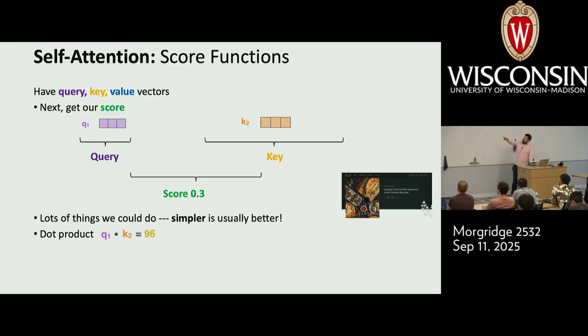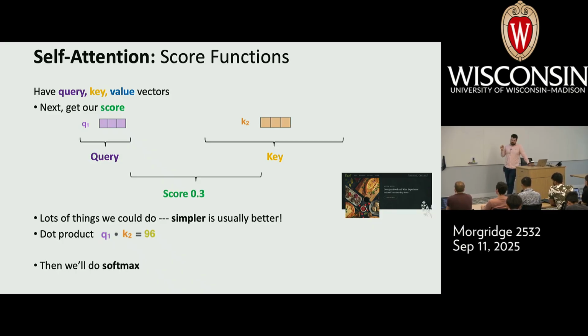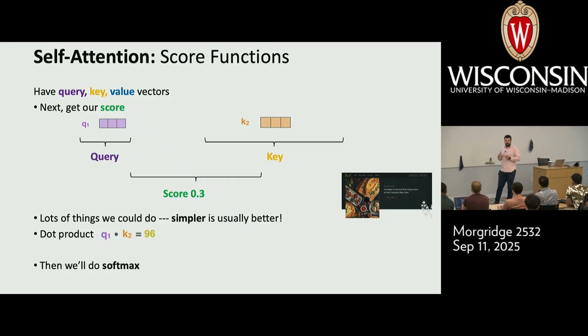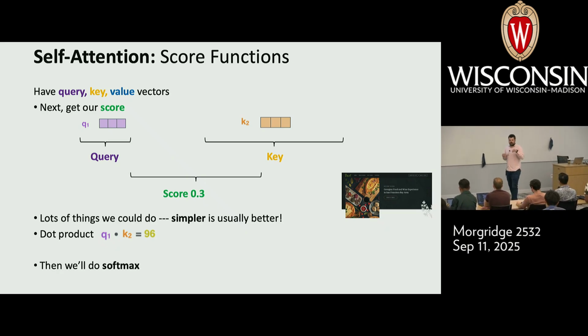But OK, let's say I take my query and key vectors. I do my dot product. I get some value. Maybe it's a low value if they're not very aligned. Maybe it's a negative value. Maybe it's a high value. I get something. And then I'm going to do this operation on all of the different keys that I have. So I'm looking at a word. I have its query.